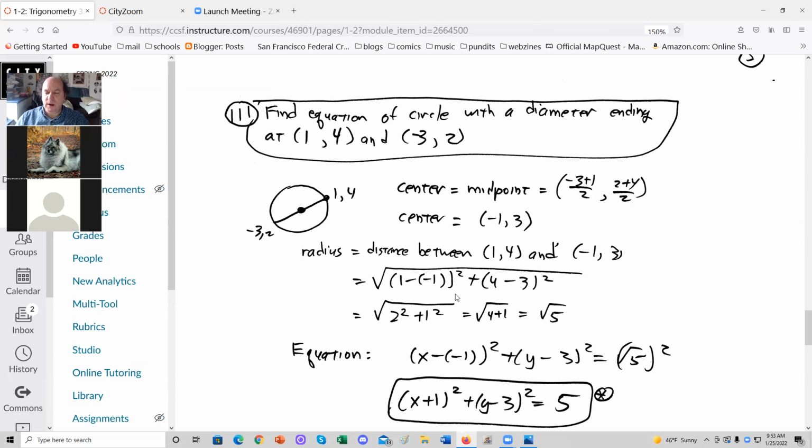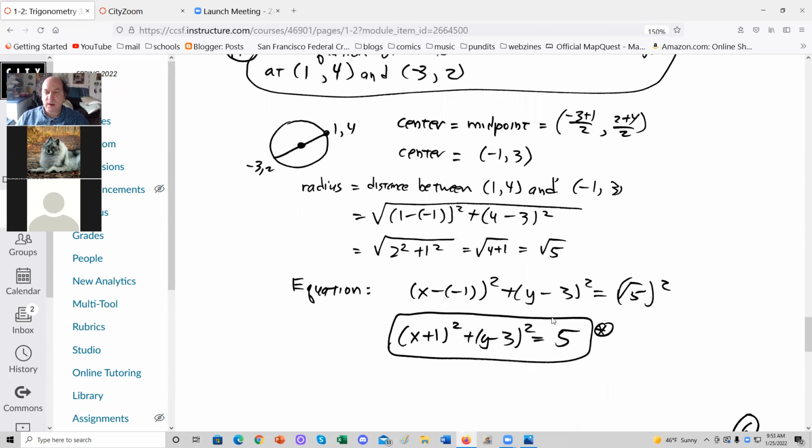So this is 2 squared plus 1 squared. After a bit of working, it's root 5. That's the radius. So the equation is x minus -1 squared plus y minus 3 squared equals root 5 squared. After a little bit of calculating, it's x plus 1 squared plus y minus 3 squared equals 5, and that's your equation.